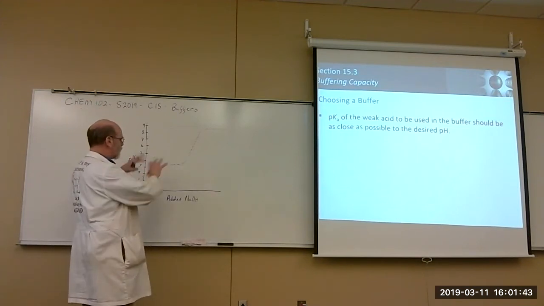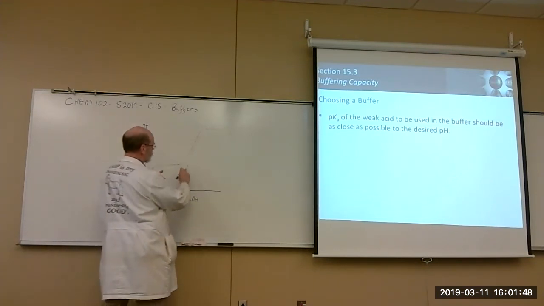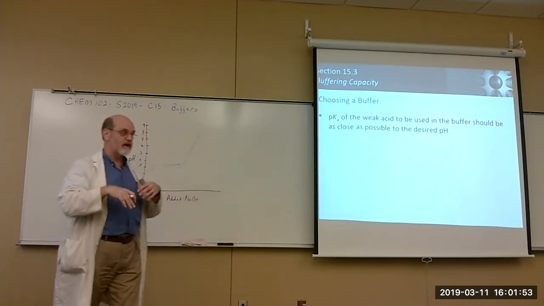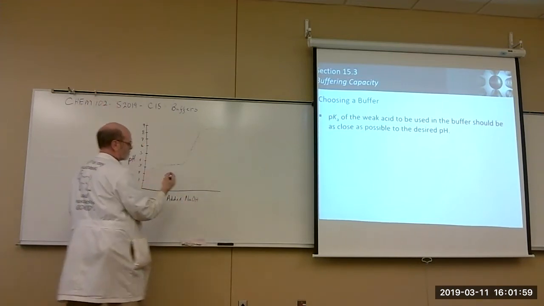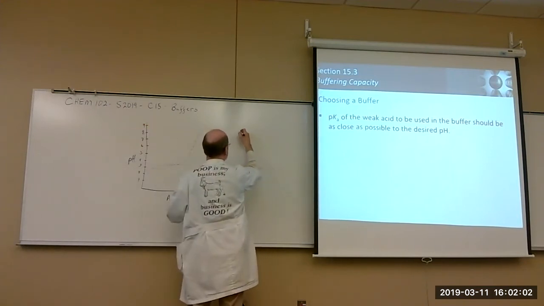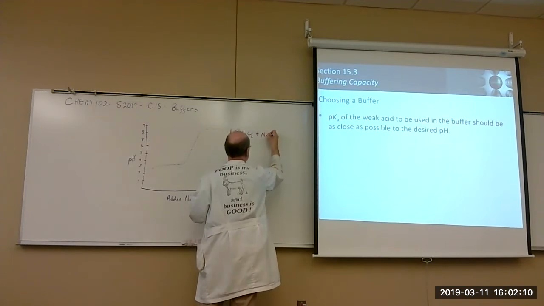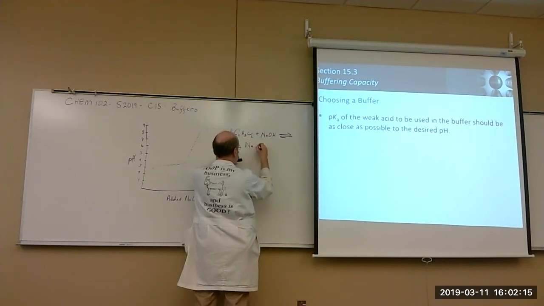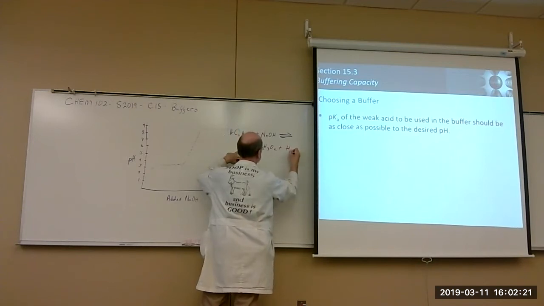Okay. So the various points on this titration curve are, first of all, when you reach this region in here, you actually have neutralized all of the acid. In other words, the acetic acid plus sodium hydroxide yields sodium acetate plus water, right?